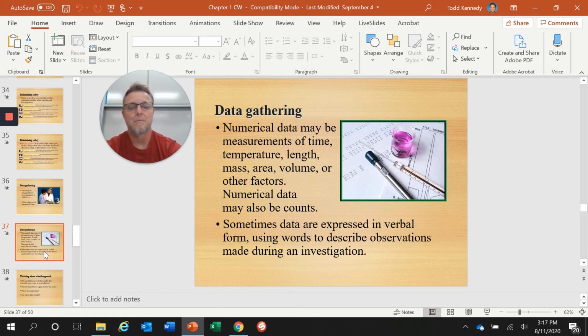If the data is expressed in a verbal form, observational data, then it's qualitative data. So if it's got numbers in it, like time, temperature, length, all that, quantitative, that's a quantity of something. And if it's just descriptive, hey, the liquid turned purple, that's qualitative data.